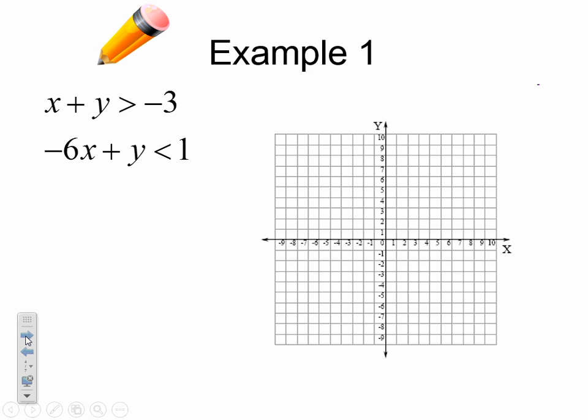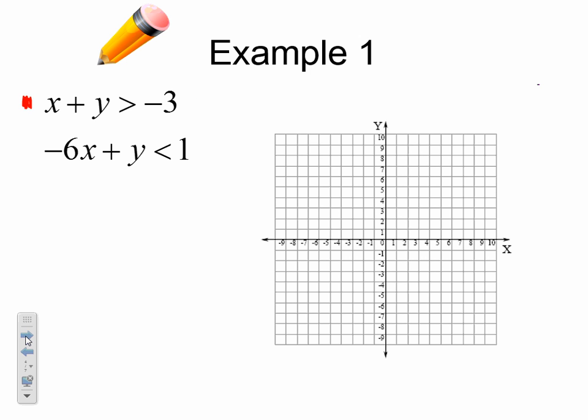Here's your first example. We have what looks like two lines here. So in order to graph, we need to, of course, get the y by itself, and then we'll make pictures of each of these, and we'll look where the shading overlaps or where the shading intersects. So for this first one, I'm going to make it red on my graph. I'm going to go ahead and solve that one for y.